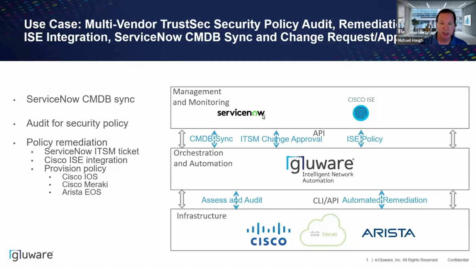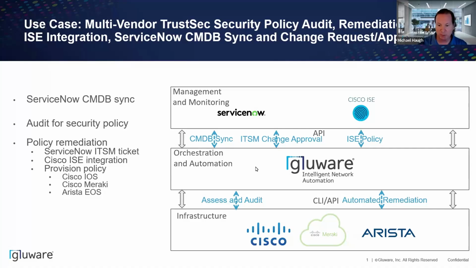ServiceNow is going to be functioning as a CMDB, a config management database, or a source of truth for inventory information. So in the first step of the orchestrated demo, you're going to see Gluware performing an update to network properties, in this case description, and then performing a CMDB sync. So you'll see how we synchronize with ServiceNow to ensure that source of truth stays whole.